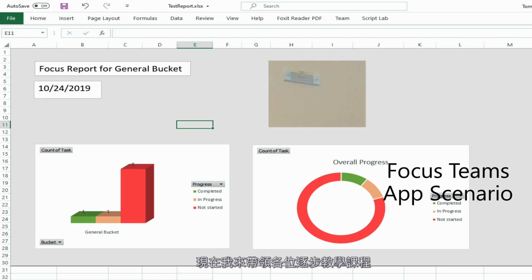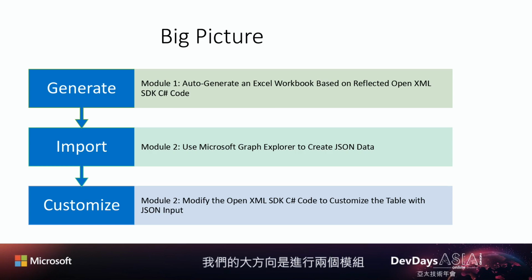So I want to walk you through this tutorial so you can see how this was generated and so that you can have the code and later peruse it and understand how we generate this report and how you can do it in a custom way off of graph data. Okay? So the big picture here is that we have two modules.